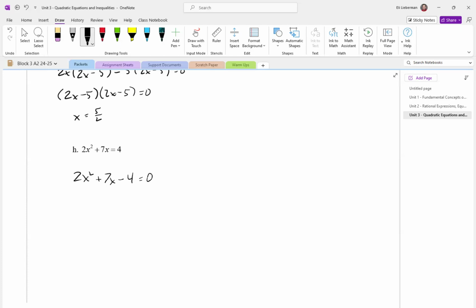Then you can break that into 2x squared plus 8x and then minus 1x minus 4 equals 0. I got that by multiplying the negative 1 to 8. Then you can pull out a 2x and you'll get x plus 4, and you can pull out negative 1, you get x plus 4 equals 0.